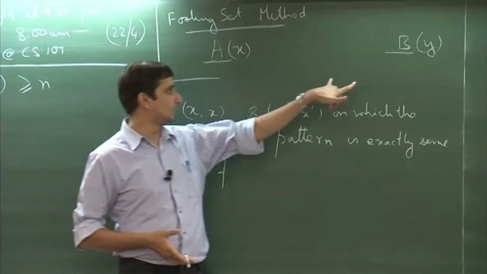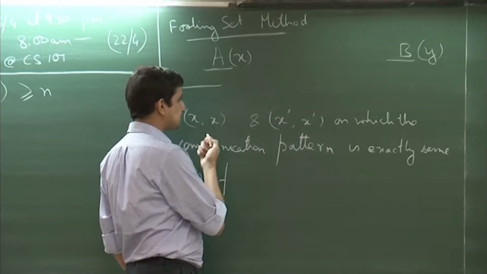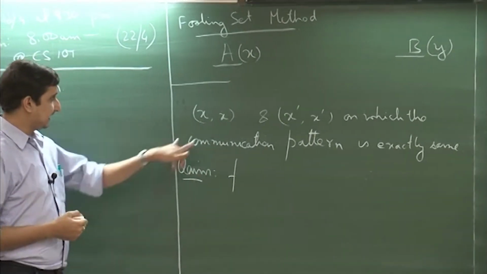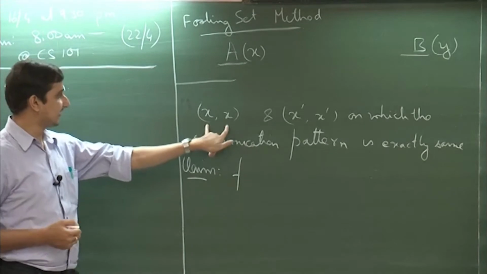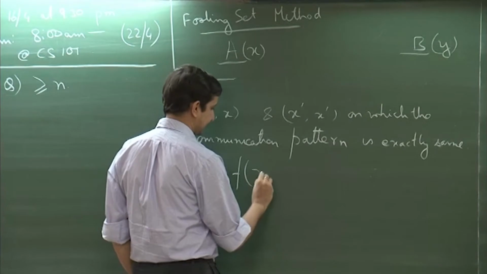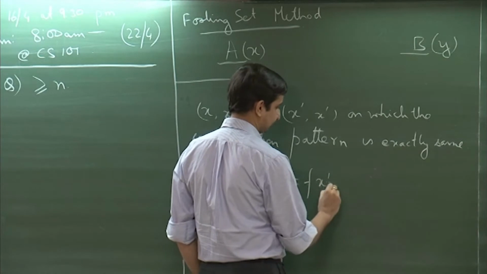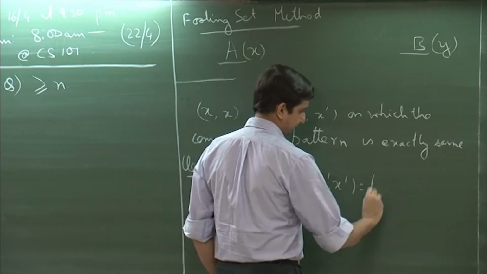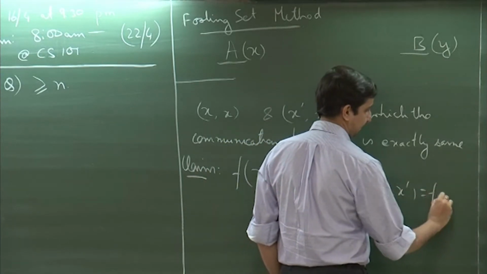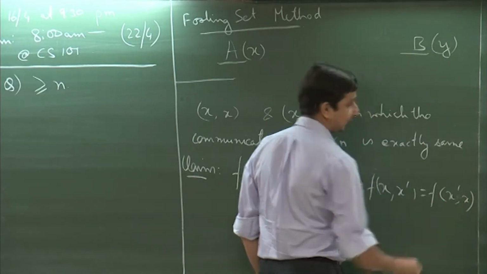Let us say that Alice and Bob want to decide some function f, and if on the pairs x comma x and x prime comma x prime they have the same communication pattern, then the claim is that f of x comma x is equal to f of x prime comma x prime is equal to f of x comma x prime, which is equal to f of x prime comma x.